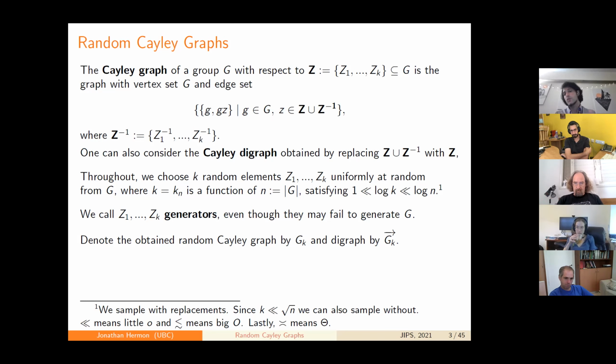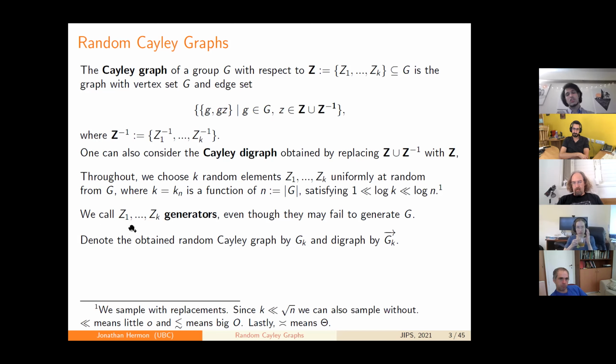So even though we pick them IID uniform, with replacement, it's like picking without replacement, which is essentially saying we're picking the Cayley graph with K generators uniformly at random. So it is a natural model in that sense.